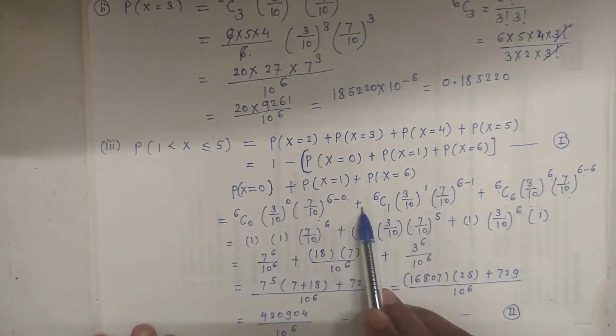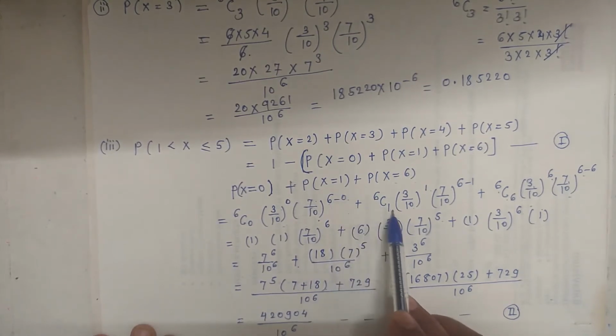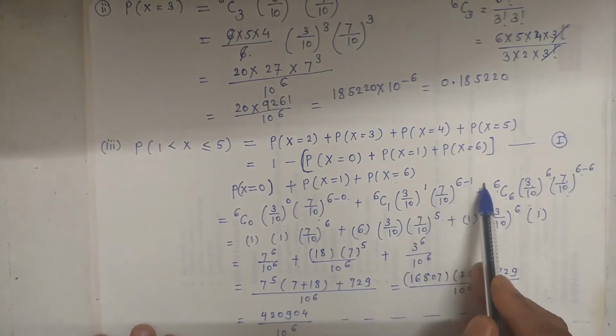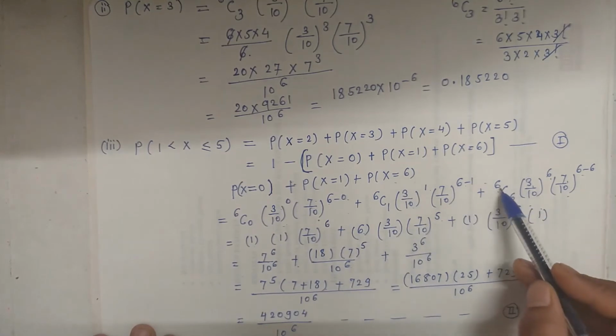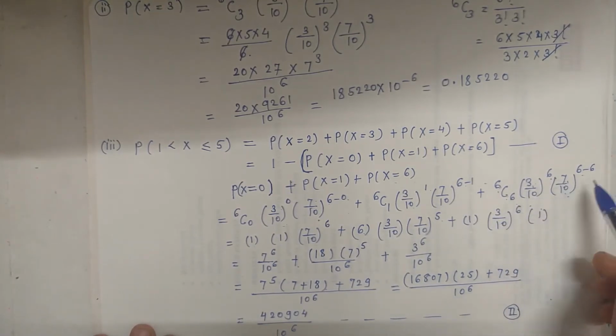Next, plus 6C1, here r is equal to 1, so (3/10) raised to 1 and (7/10) raised to 6 minus 1. Next, for x equal to 6, 6C6, (3/10) raised to 6 and (7/10) raised to 6 minus 6.